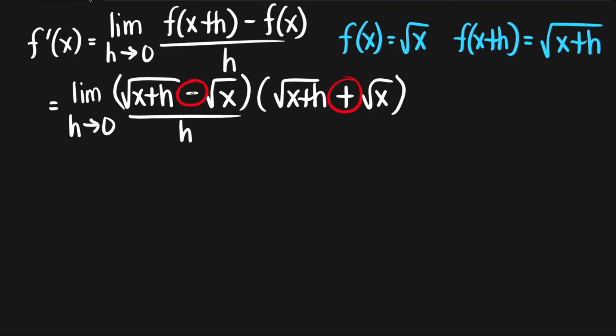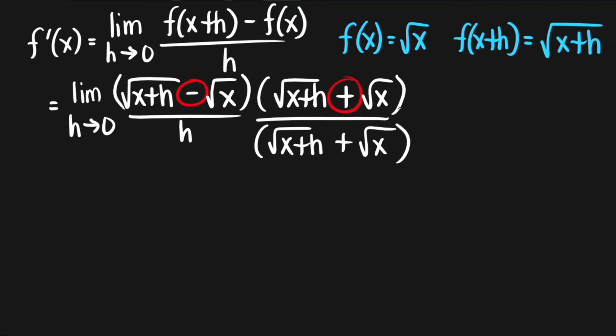We also need to multiply to the denominator what we multiplied to the numerator: square root of x plus h plus square root of x. It's like multiplying the formula with 1. The value doesn't change.